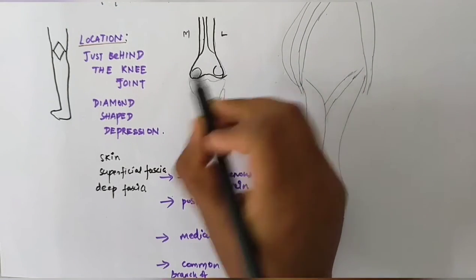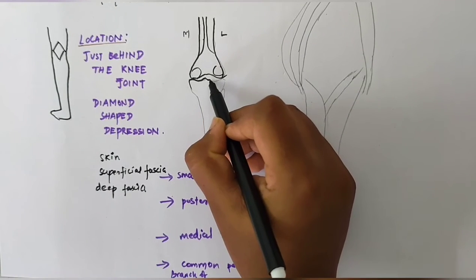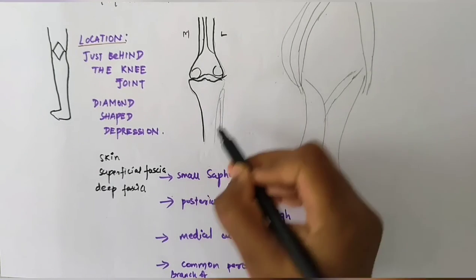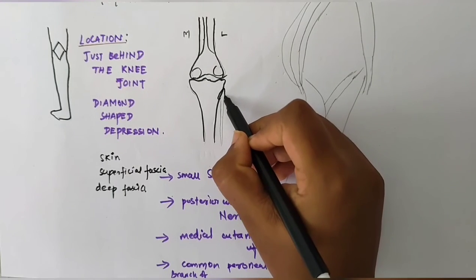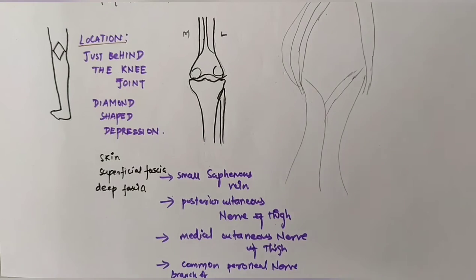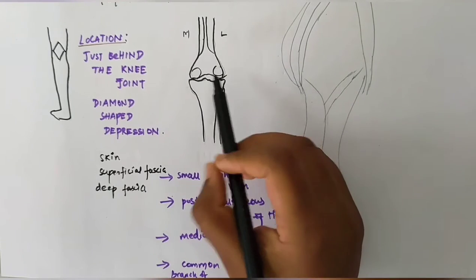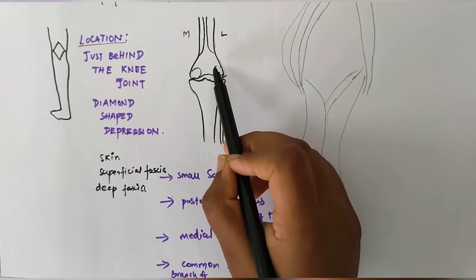And these are the two condyles. And this is the tibial bone. And here we have fibula in the lateral side. So floor is formed by this popliteal surface and then capsule of knee joint. Here we have capsule.